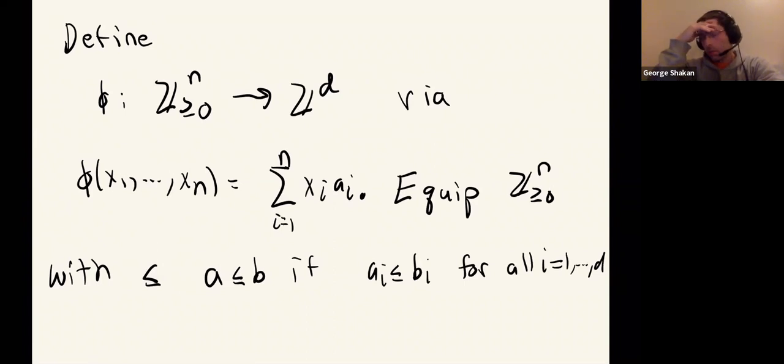Okay, so yeah, we have this map, and this is somehow what we're going to use to count the number of points in the n-fold sumset.